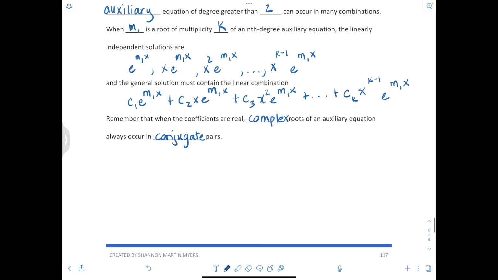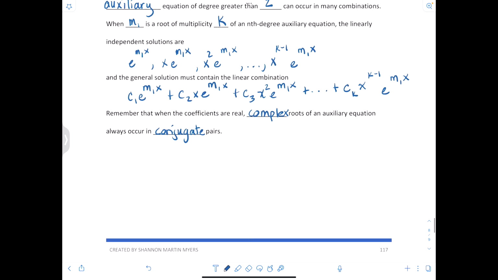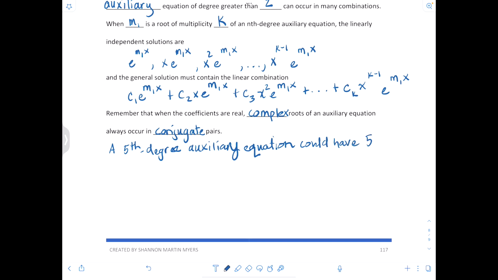So if you had a fifth degree auxiliary equation, it could have 5 distinct real roots.